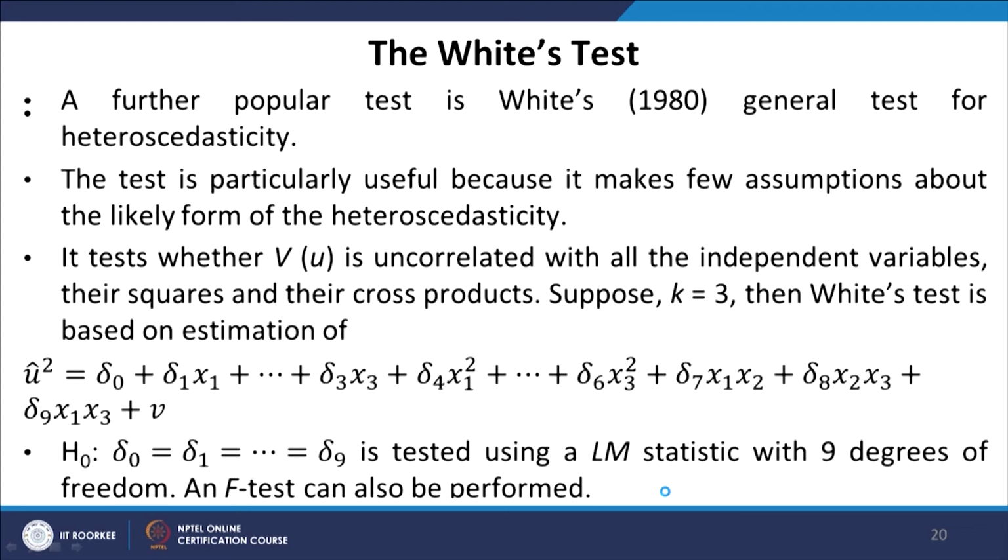Suppose k is equal to 3, that is there are only 3 independent variables x1, x2, x3. Then White's test is based on estimation of u hat square on x1, x2, x3, and then x1 square, x2 square, x3 square, and then cross multiplication of x1 x2, x2 x3, x1 x3, right.